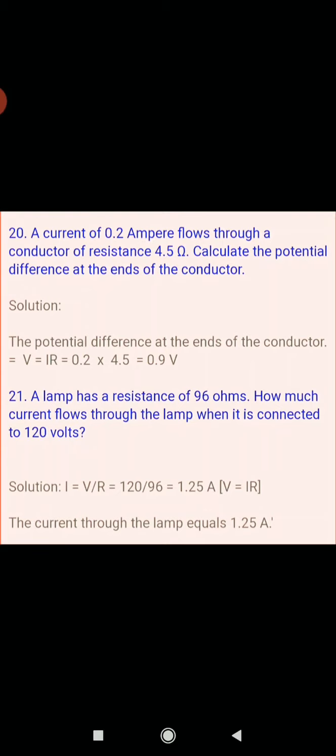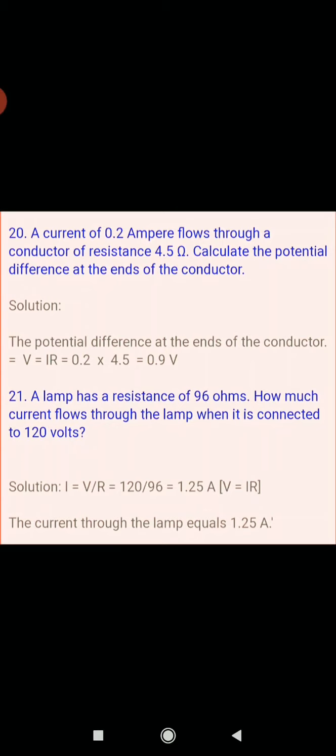And our next problem, it's a problem of an electrical lamp. That lamp has a resistance of 96 ohm. That means R is equal to 96 ohm. How much current flows?